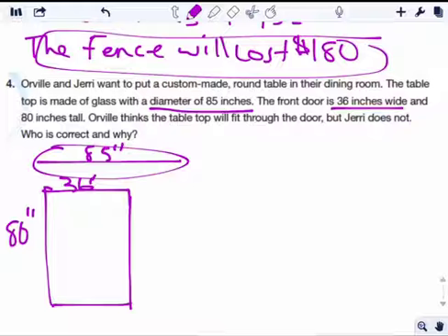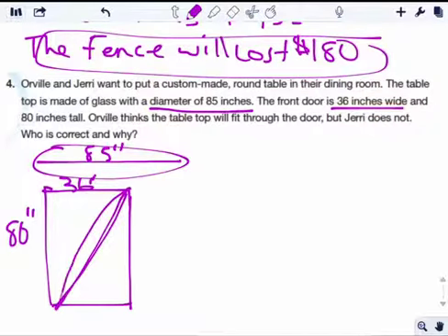Well, let's do the Pythagorean theorem, see how long, because we're going to turn this table sideways. When you bring things in, we don't bring it directly, we bring it sideways.